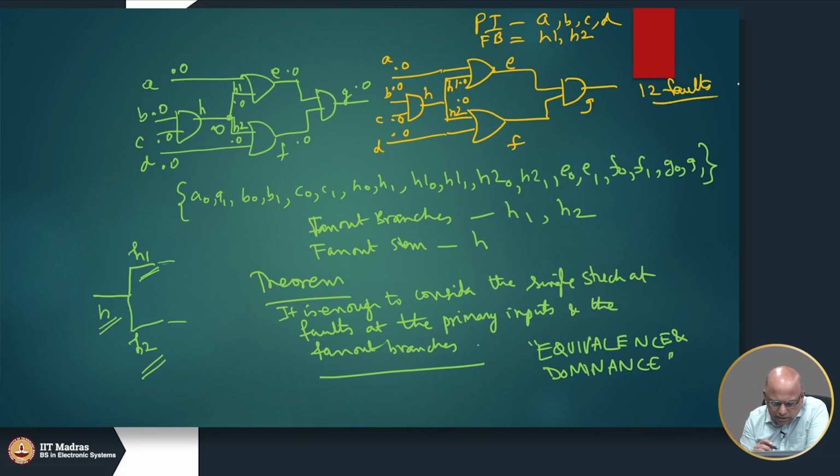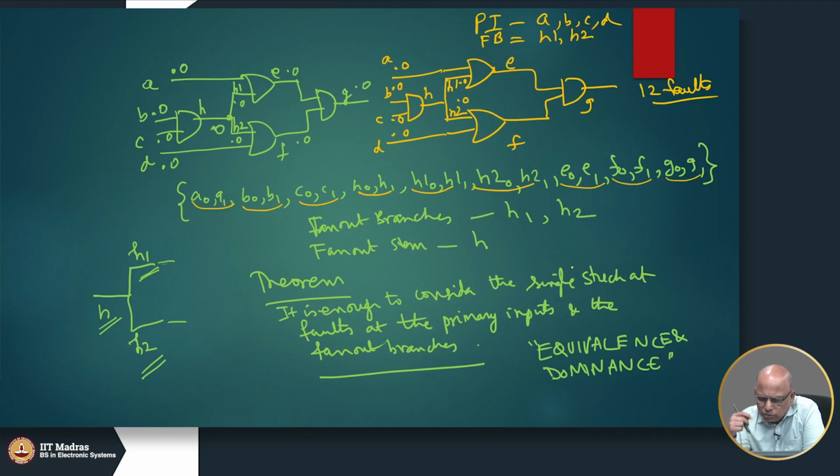Whereas I had earlier 2 plus 2, 4, 6, 8, 10, 12, 14, 16, 18 faults. So, from 18 it comes down to 12. We may sometimes further reduce. See, for example, D and H2. There is an OR gate. So, H21 and D1 are same. So, if you are considering H21, there is no need for D1.